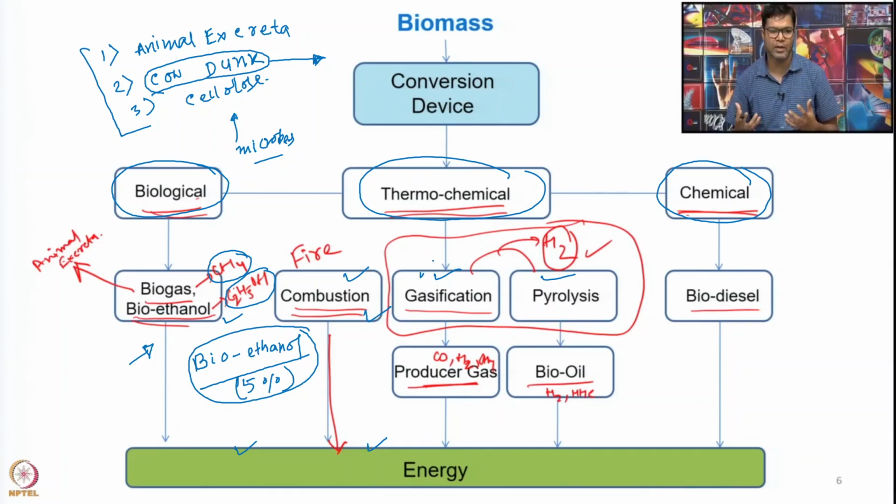What is the gasification process? In the gasification process, I am doing combustion with limited oxygen, and some gas will be produced. Suppose we burn animal excreta or glucose, some gases will be produced, like producer gas: carbon monoxide, hydrogen, and CH4.